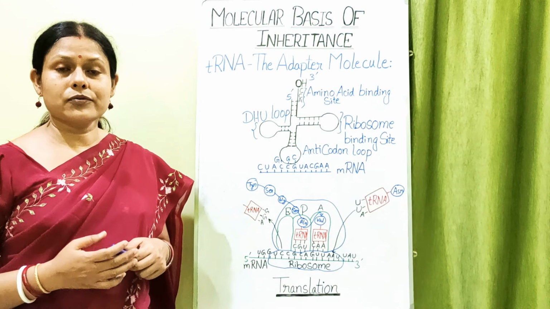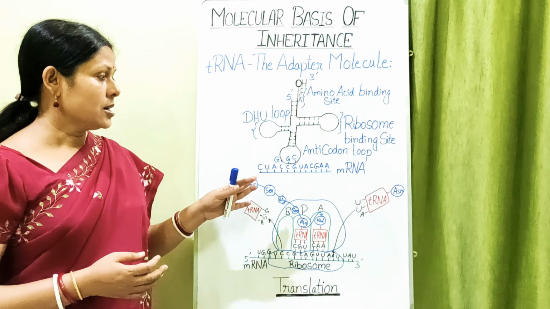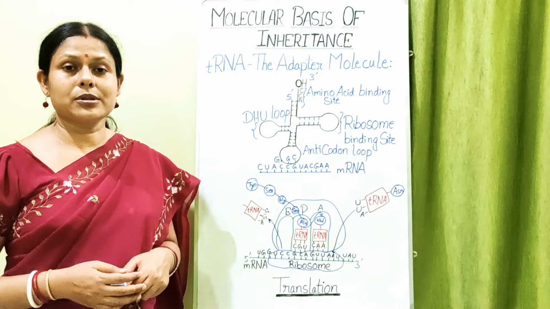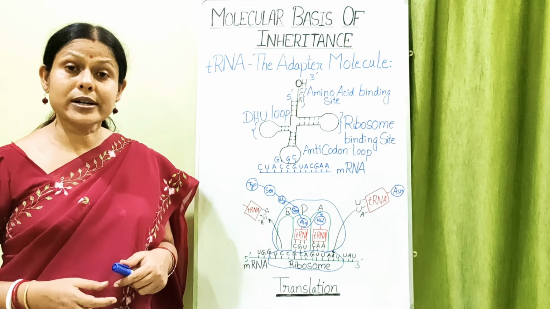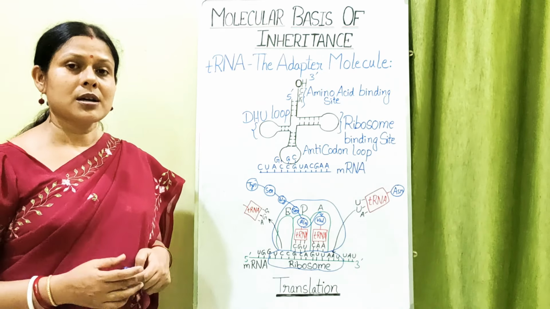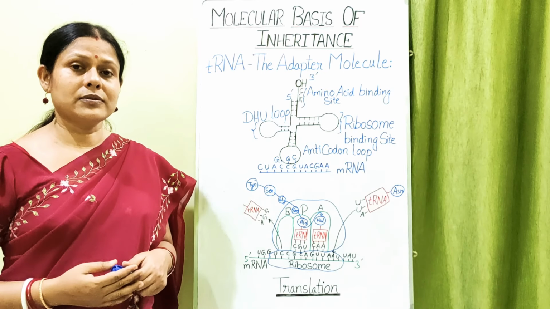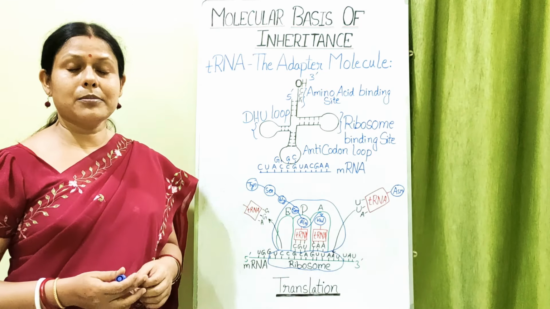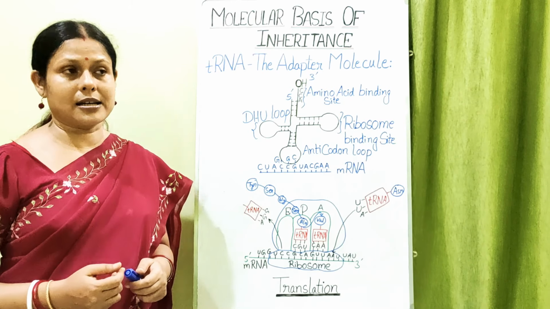Although it took a lot of years to finally postulate the model of this adapter molecule and how it works, it was said much ahead of its time by Francis Crick.